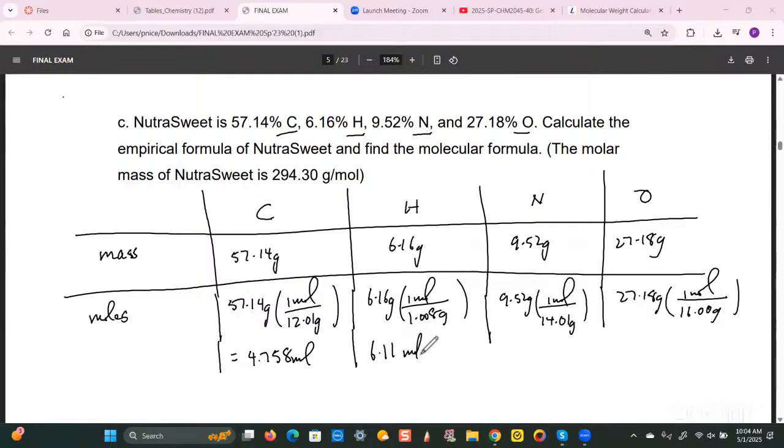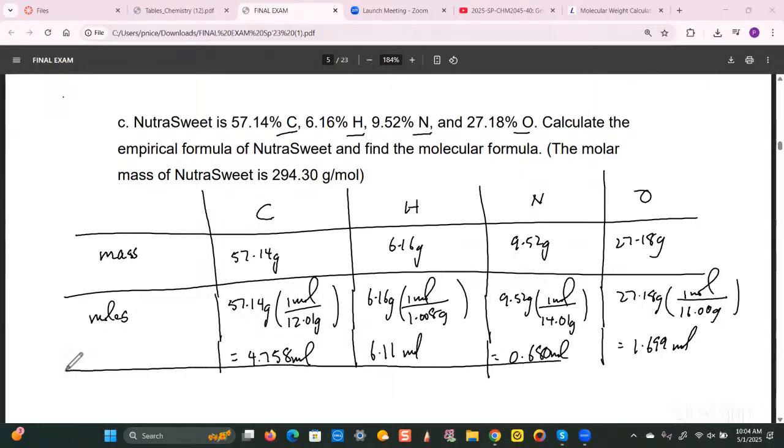In the case of nitrogen, 9.52 divided by 14.01 works out to 0.680 moles. And finally, in the case of oxygen, 27.18 divided by 16 gives 1.699 moles. All right, okay.